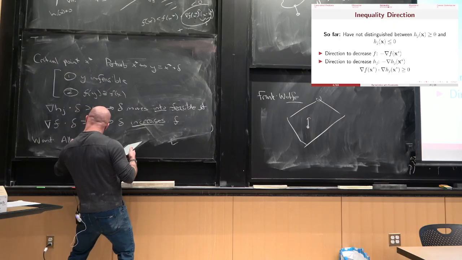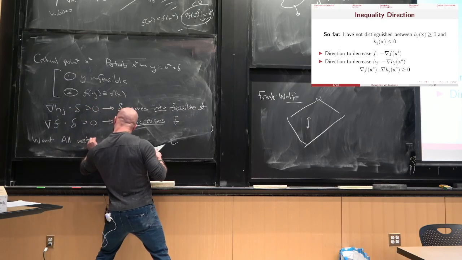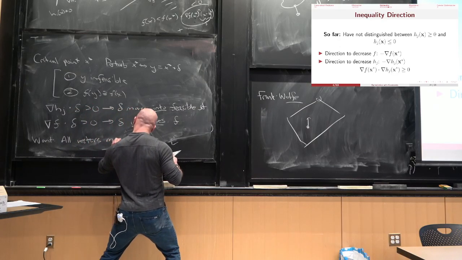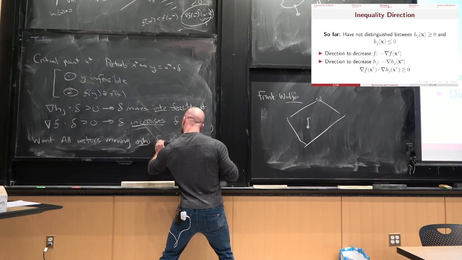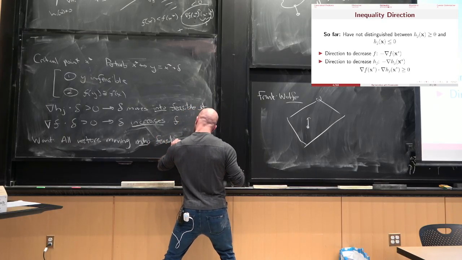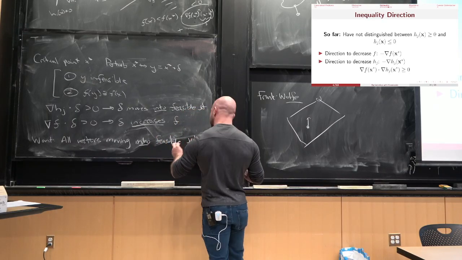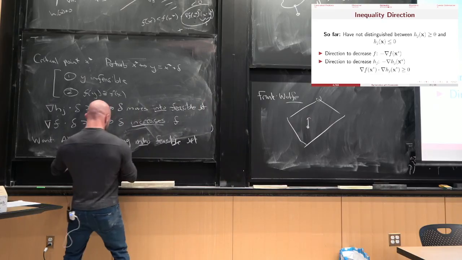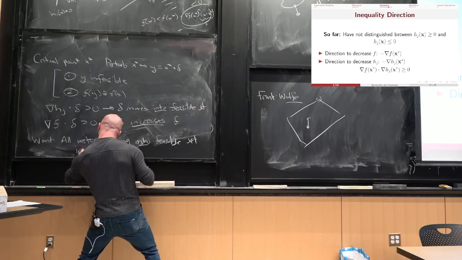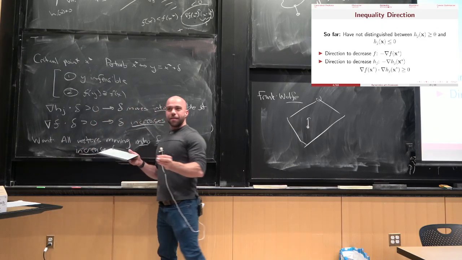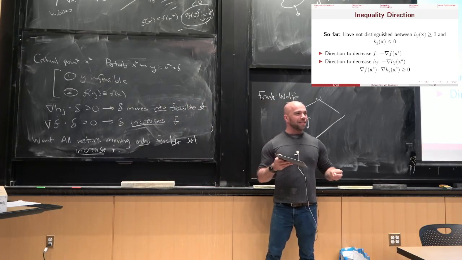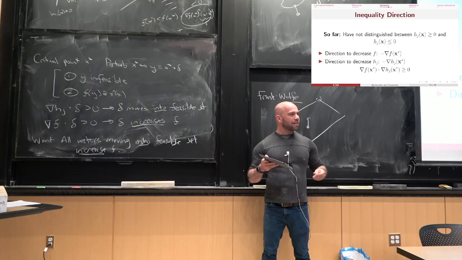All vectors moving into the feasible set, in other words, I stay feasible, all of these vectors increase f. That, in words, is the condition that we're missing from our optimality condition. Does that make sense? Yes.